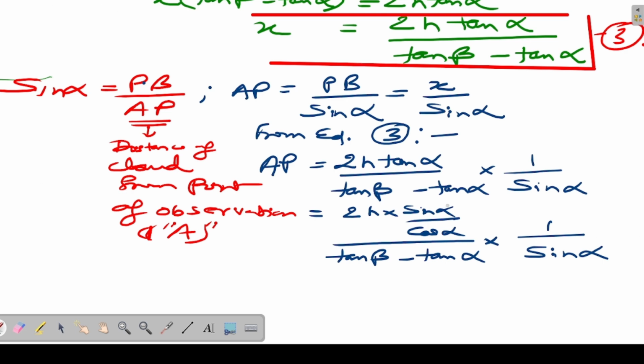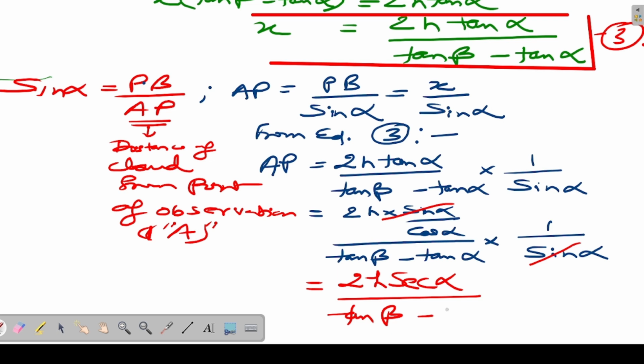Cancel out the sine. Now we are left with h and 1 by cos alpha. 1 by cos alpha is sec alpha, right? h sec alpha divided by tan of beta minus tan of alpha.